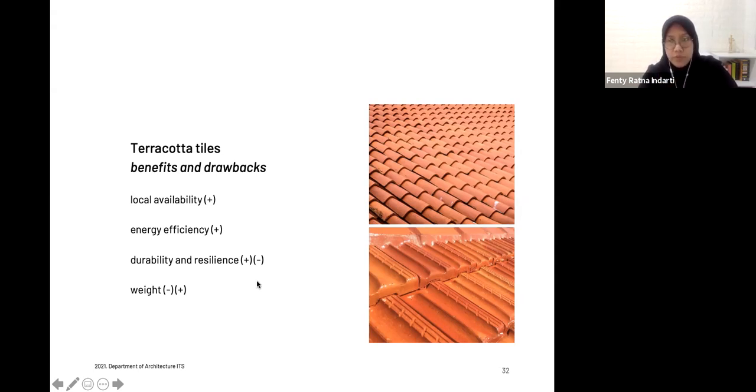But there is a plus point from this heavy nature. As I mentioned before, the force or the load that has to be resisted by the roof is not only rain and snow, but also wind. So imagine that it's a lightweight one, then it will be blown off easily with the wind. That's why it becomes a plus point from a wind view, that it has its own weight so that it doesn't blow away easily.